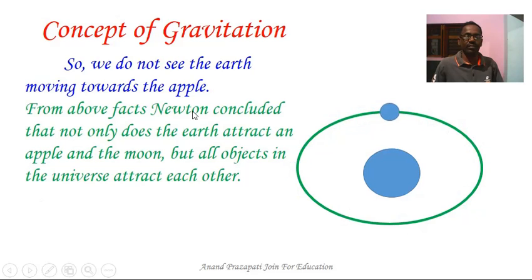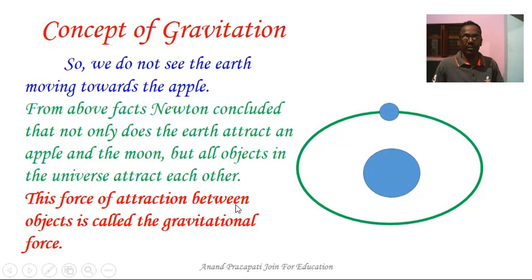From the above facts, Newton concluded that not only does the earth attract an apple and the moon, but all objects in the universe attract each other. So there is a force of attraction between the moon and the earth, and between the apple and the earth. This force of attraction between objects is called the gravitational force.